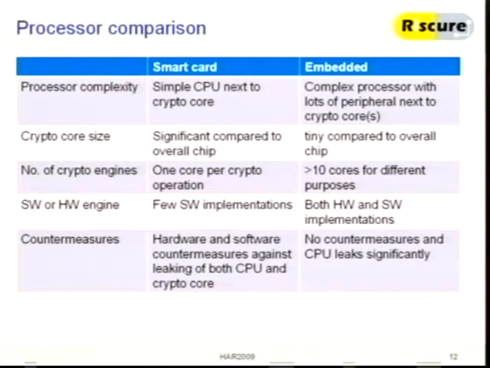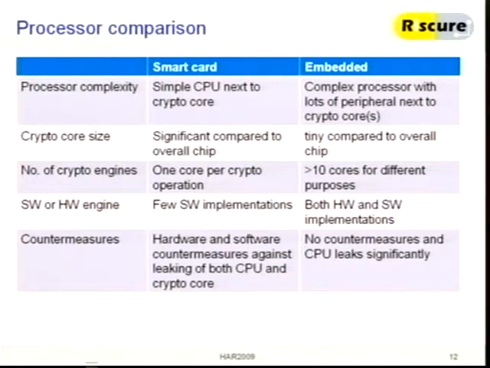For instance, a lot of the complex CPUs these days have multiple processors inside. So how do you know which one is doing your stuff, and how do you isolate that one from all the others doing other stuff, which is all noise, compared to the smart card that's just doing what you tell it to do, namely generating a certificate or something like that.